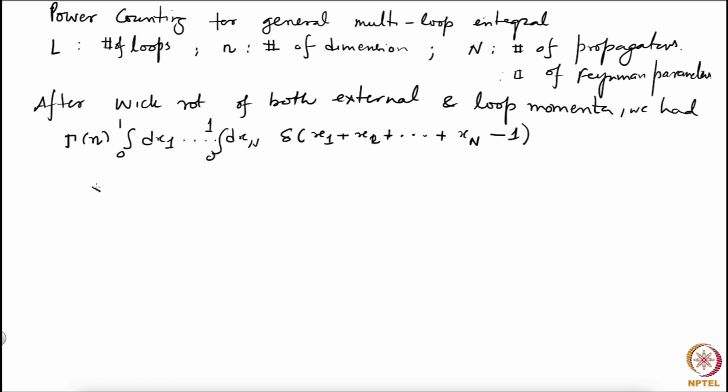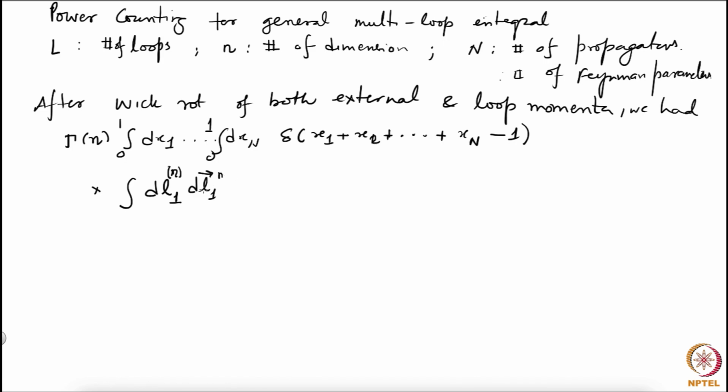Then after doing Wick rotation, our loop momenta integral is like this: l1 for loop number 1, this ln, and you remember what this is, right? This is l0. When you take the 0th component of l1 and do Wick rotation, that is what you are calling ln. And then these are the remaining spatial components, which is n minus 1 dimensional.